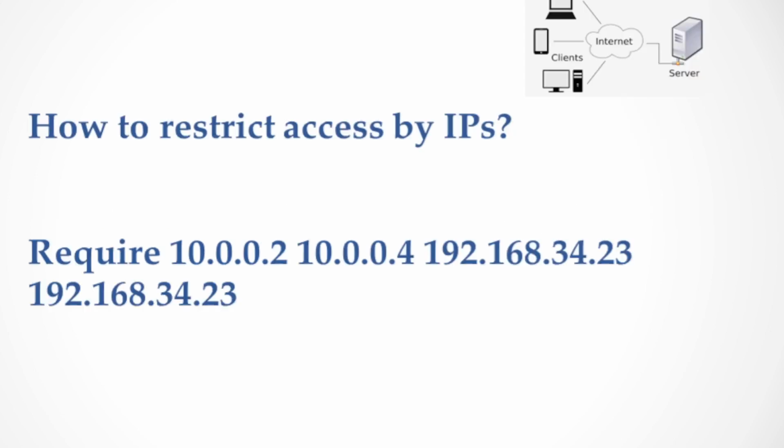How to restrict access by IPs? You can use the Require directive and the module mod_authz_core, and these modules are generally helpful for restricting the IP. The Require directive within the directory helps you allow or deny access to resources.